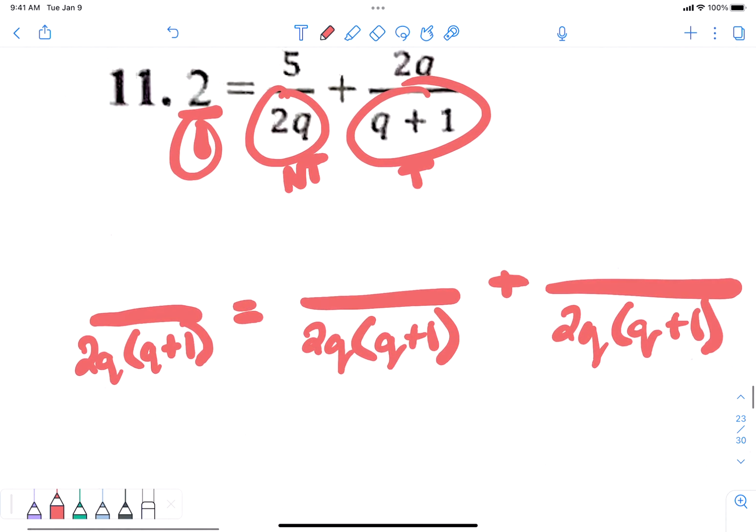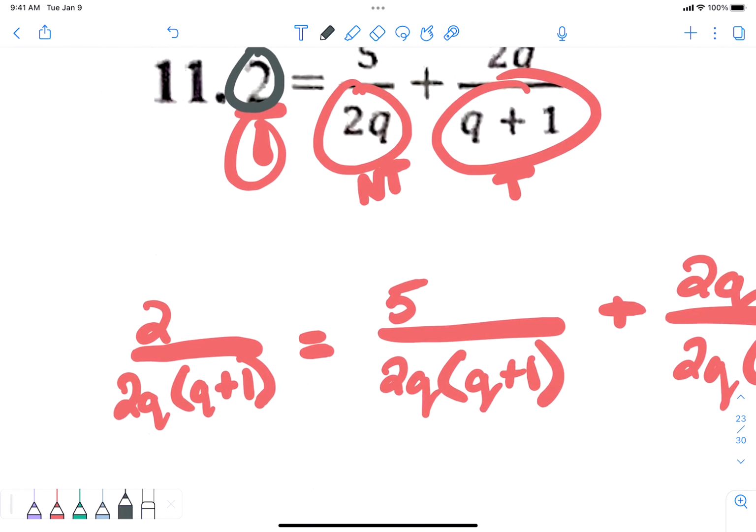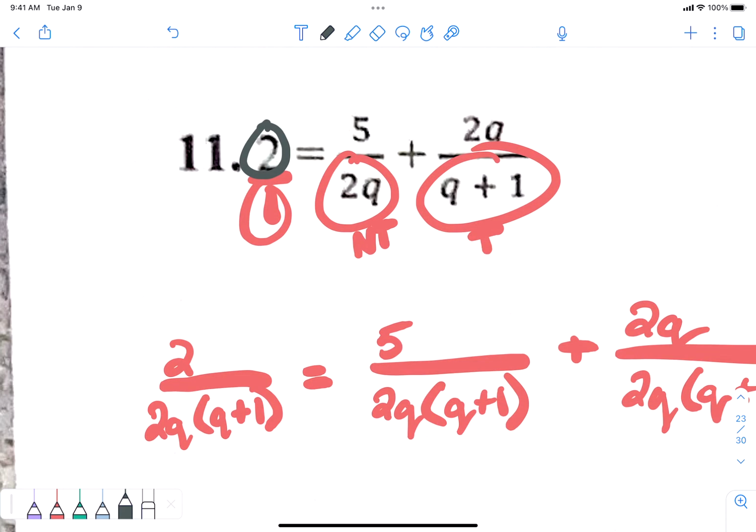All right, so we've got a 2, a 5, and a 2q. And we're going to write what each one needs. Our denominators are 2q and q plus 1. The 2 needs a 2q and a q plus 1.